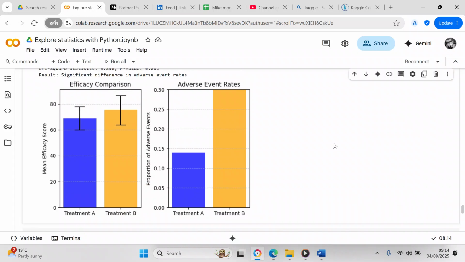And so this is the chart that we've made. You've got two bar graphs, one for efficacy comparison and one for adverse event rates.